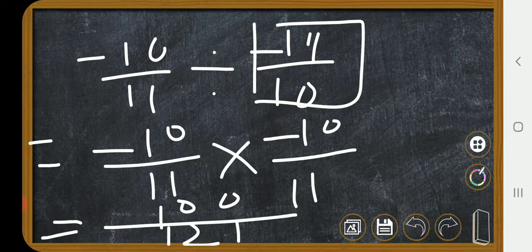So this will be the final answer. Otherwise you can do the fraction also. So this is the final answer. Understood how to do this division? One more example.